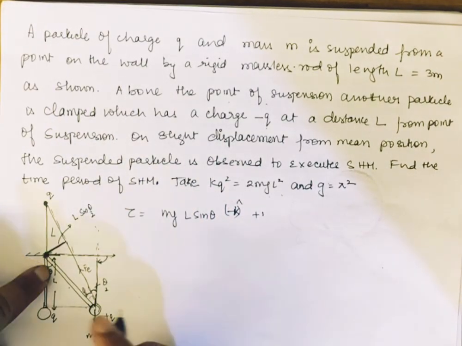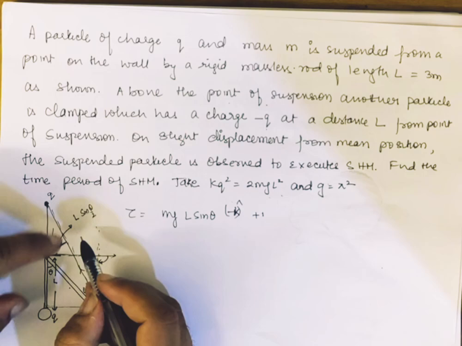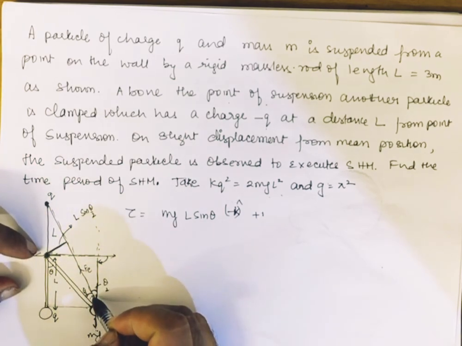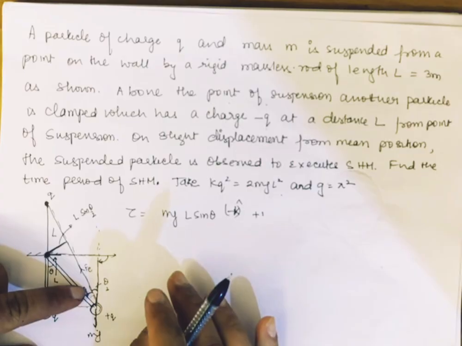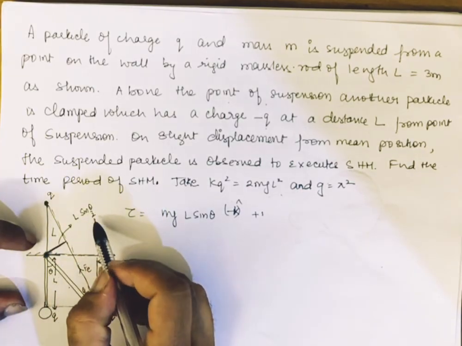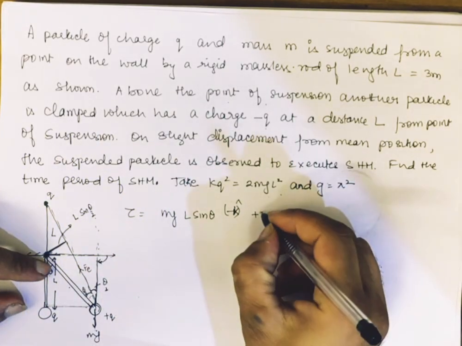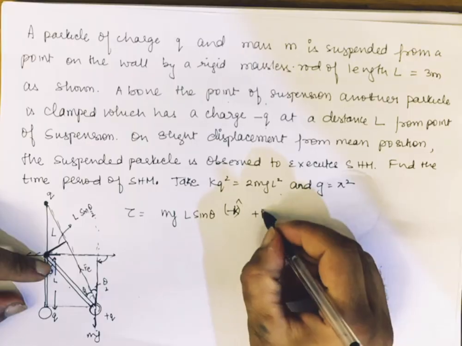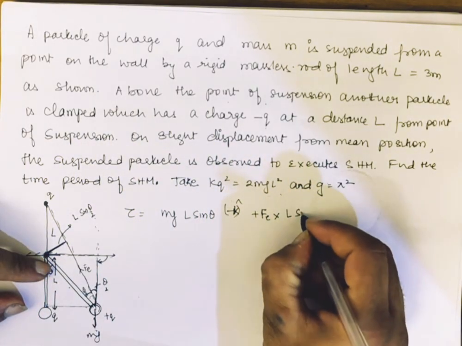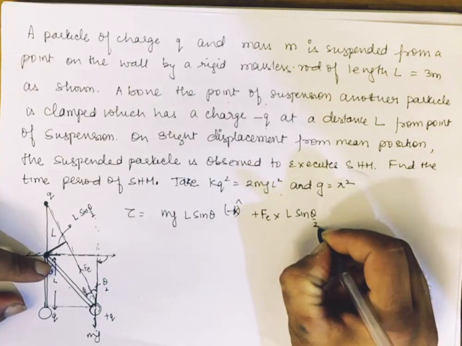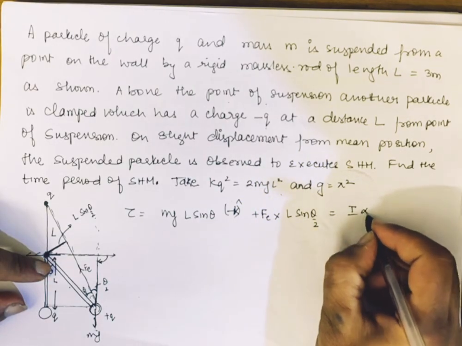So this is theta, and this I've got theta by 2, which is half of this angle. Now I can use trigonometry to get this length, L sine theta by 2. So the force is Fe, the electrostatic force, into the perpendicular distance, that is L sine theta by 2. This entire should be written as I alpha.